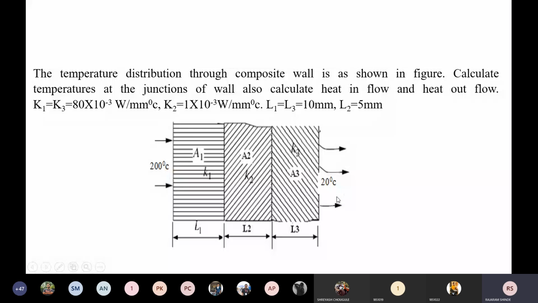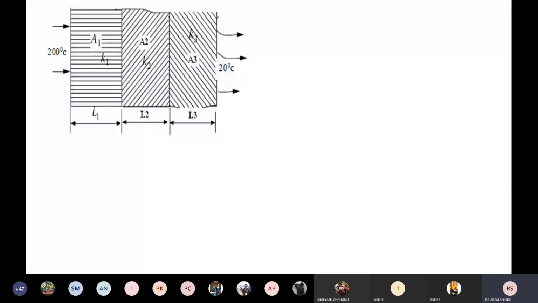Now you have to find the temperature distribution through this composite wall. First we have to discretize it. For discretization, you follow the rules which I have told you. Here area is not given. You can assume the area 1, because we can calculate the heat flux also. We can apply the equation for heat flux also, so we have to assume unit area in our finite element equation. A1 equal to A2 equal to A3 equal to 1 millimeter.